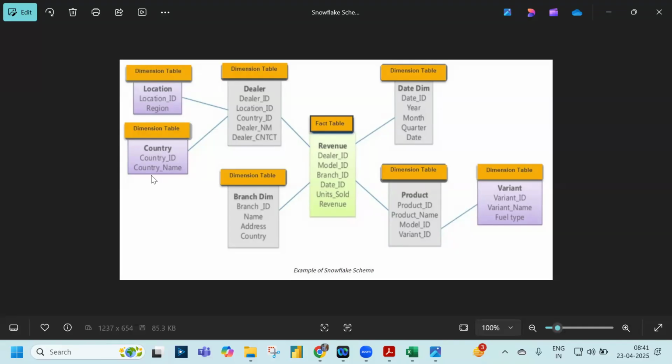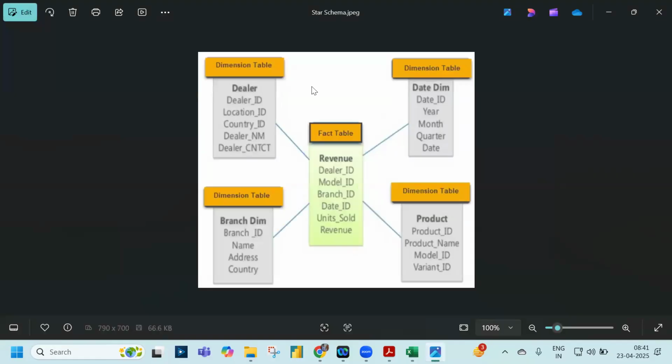As a result, query performance will be a little slower, right? So that is the reason that sometimes, if there is any small sub-dimension table, we try to merge these tables into the main dimension table. We do a little bit of denormalization so that we can get a star schema like this.